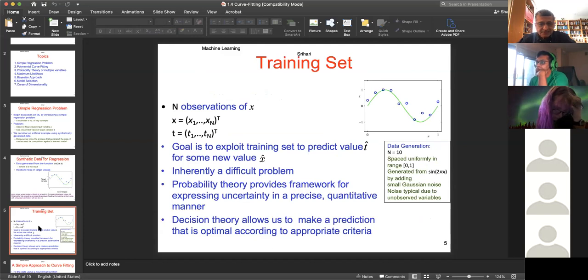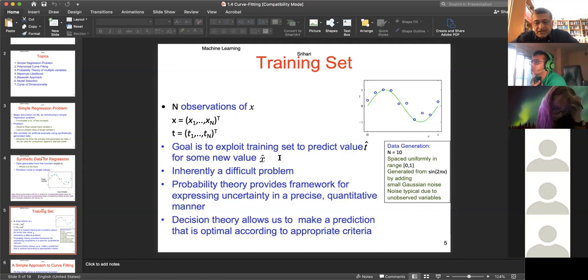So I think this slide is a repetition of what we just said. We have n observations, x1 through xn, and the outputs are target variables, t1 through tn. We show these as a vector here, that's why we have a transpose here. It's a column vector, t is a column vector. And the goal is to exploit the training set to predict a value t hat for some new value x hat, right?